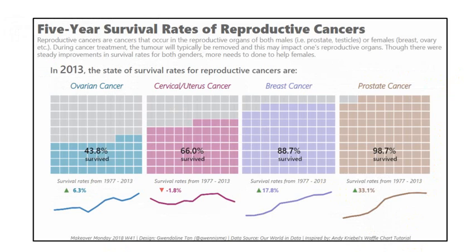I told you that I was going to come back to the waffle chart. This is showing what I was trying to get at, that it's an effective way to show differences next to each other. So while it wasn't necessarily effective at showing the three parts of the pie chart, to show 43 or 44% to 66 to 89%, it is pretty effective at showing that. Now this isn't change over time, this is just survival rates.